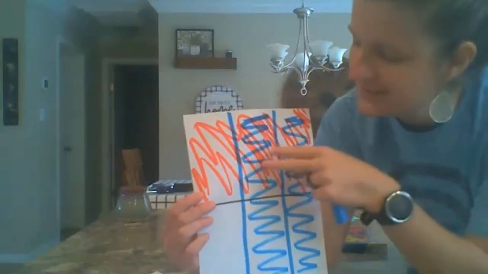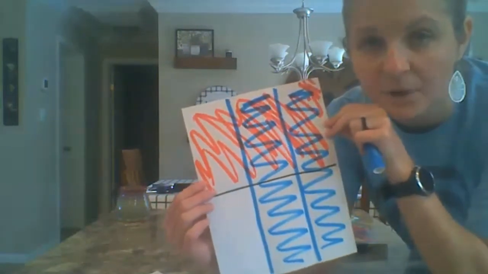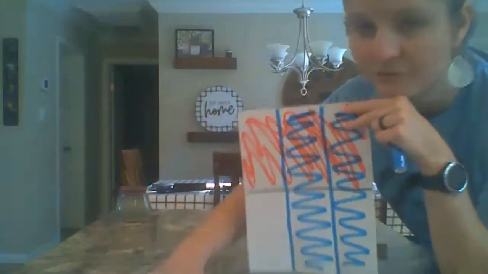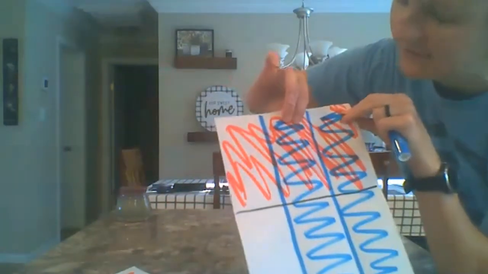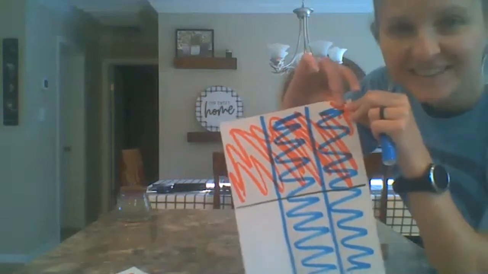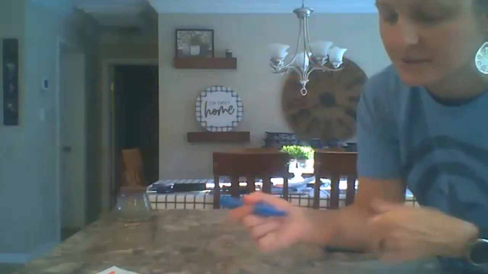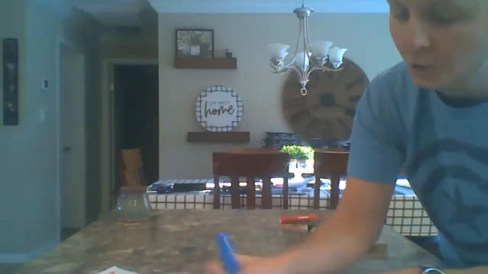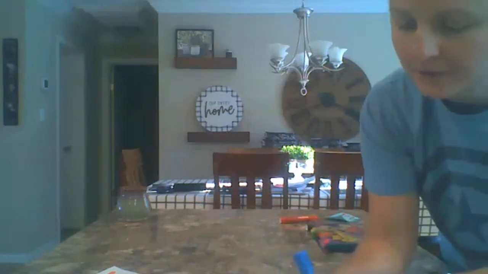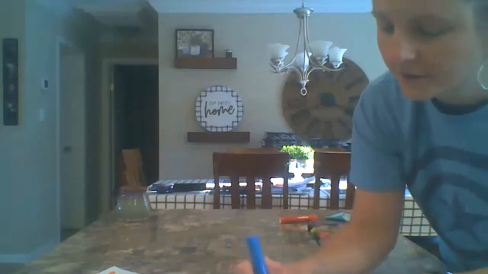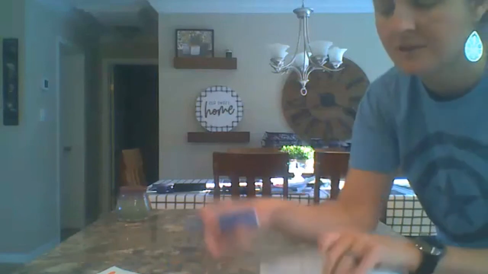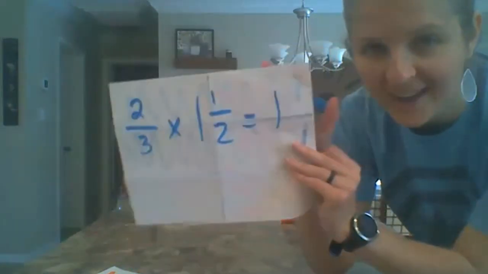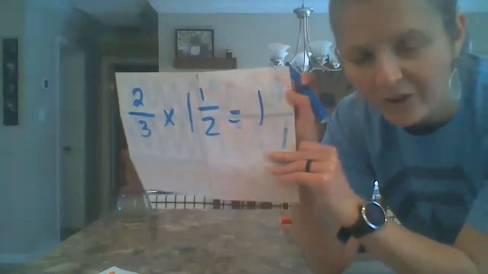I've got 2 more 6 that have both colors. So I have 4/6, 5/6, 6/6. What do you know about 6/6? It's a whole, right? So 2/3 of 1 1/2 is 1 whole.